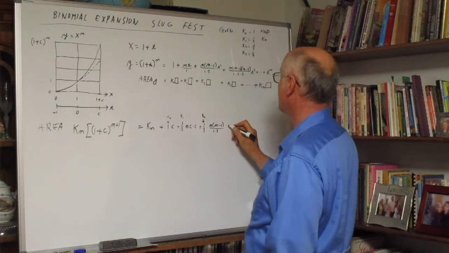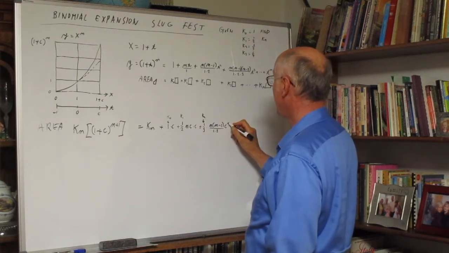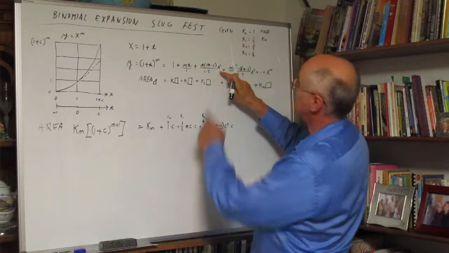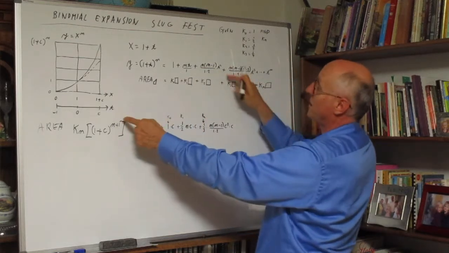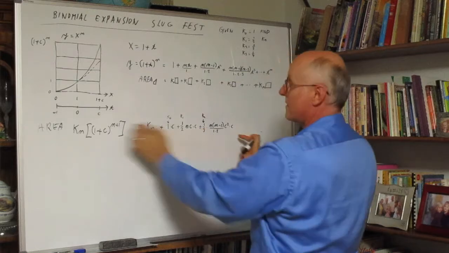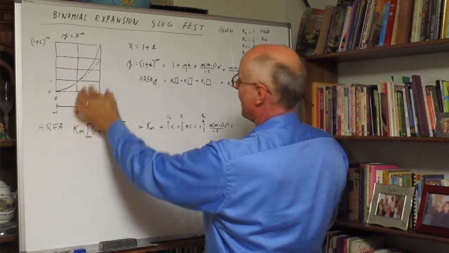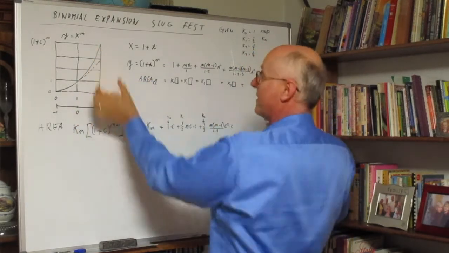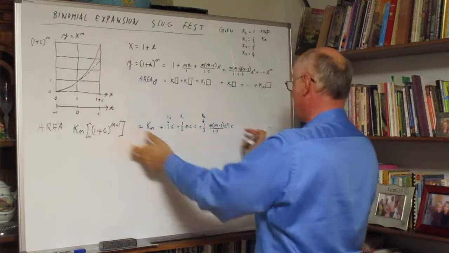Okay, times c squared times c. Right? C squared comes, you plug in t equals c, and then the base, so everything is always this base. It's base times height, or height times base.